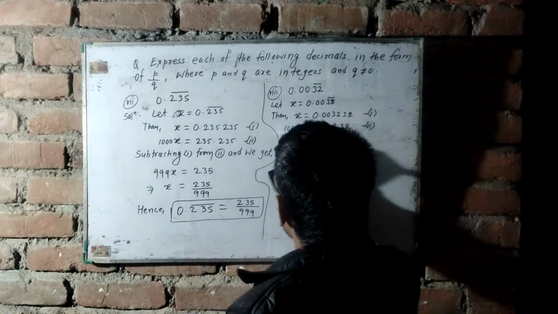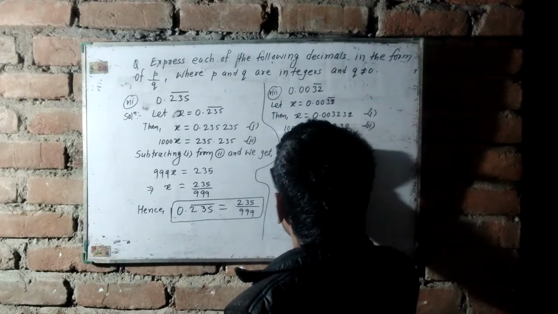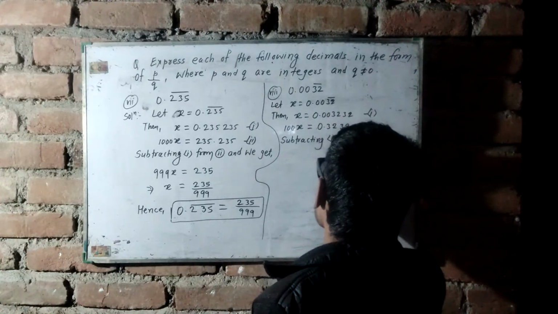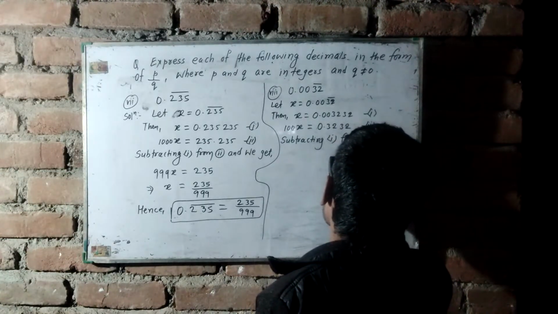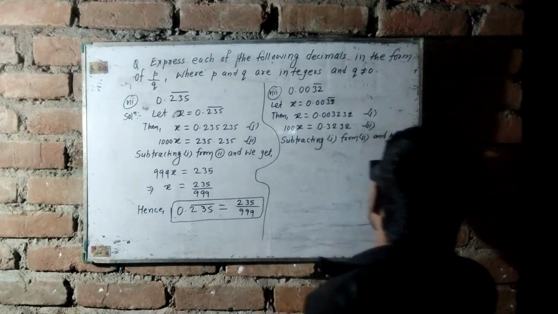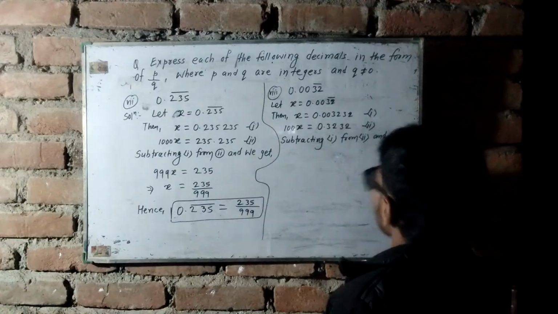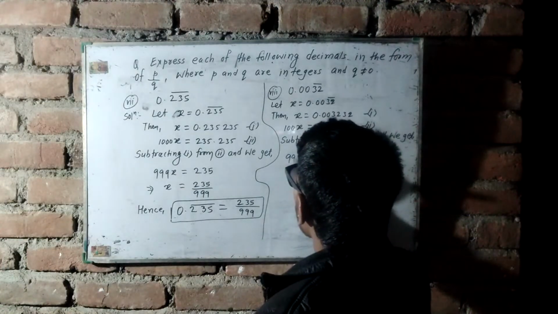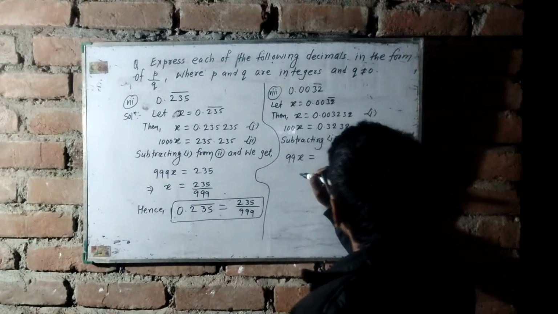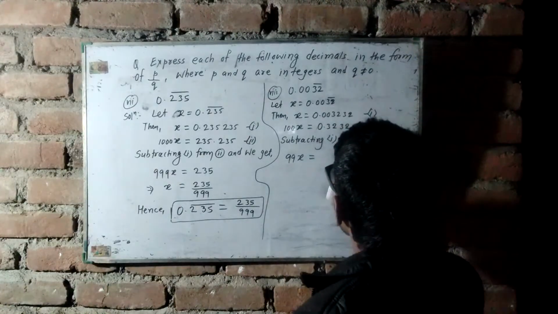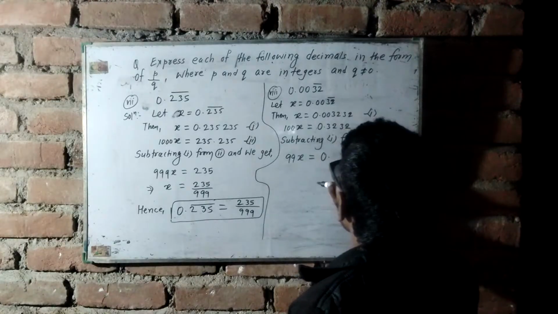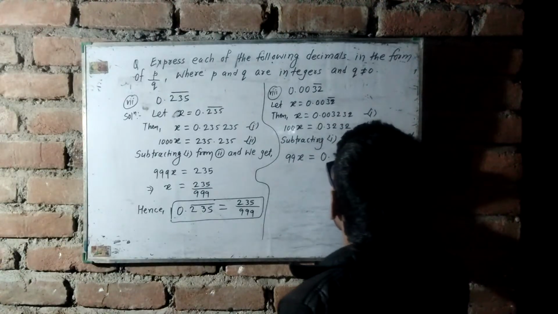Now subtracting equation first from equation second, and we get 99x is equal to 0.32.